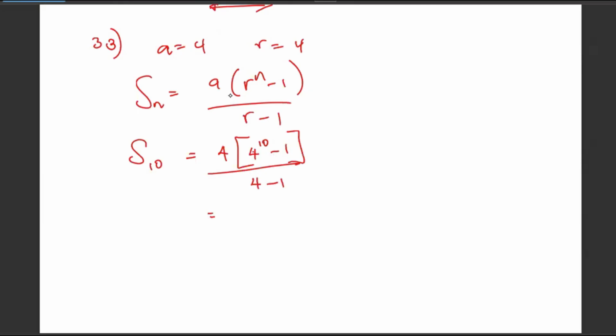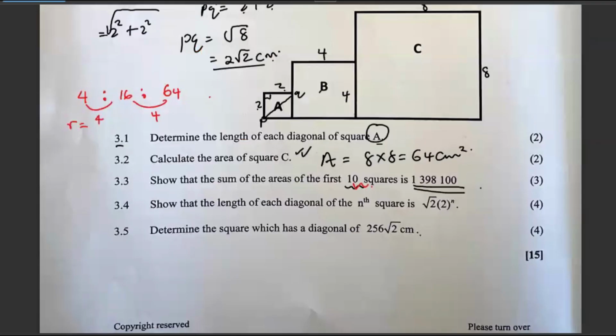Let's punch this into our machine. 4 to the exponent of 10, subtract 1, close the brackets, over 3. I'm getting 1398100. I think this is what the question gave us. So that is how we obtain that.